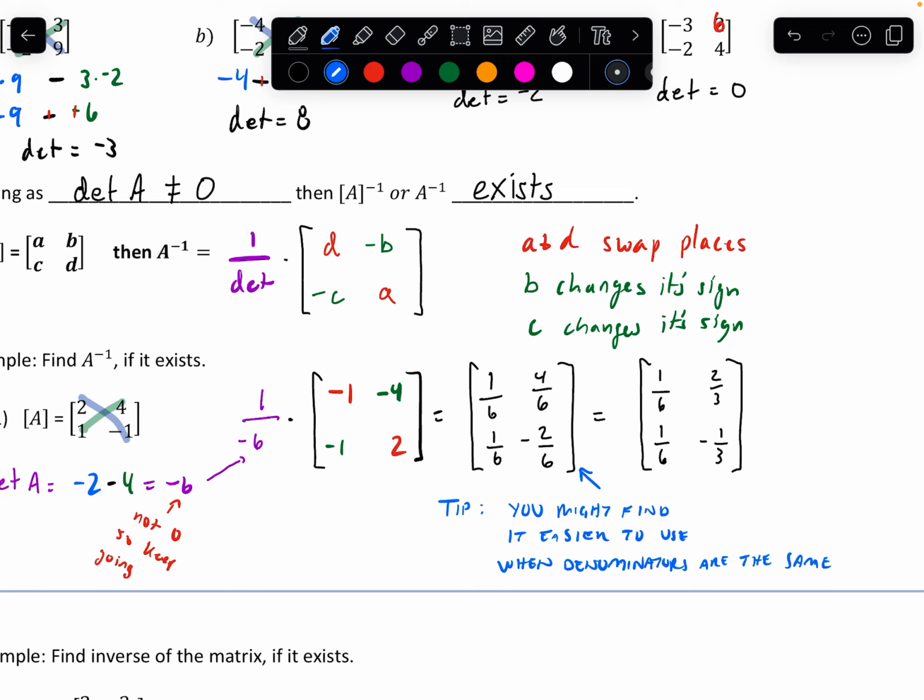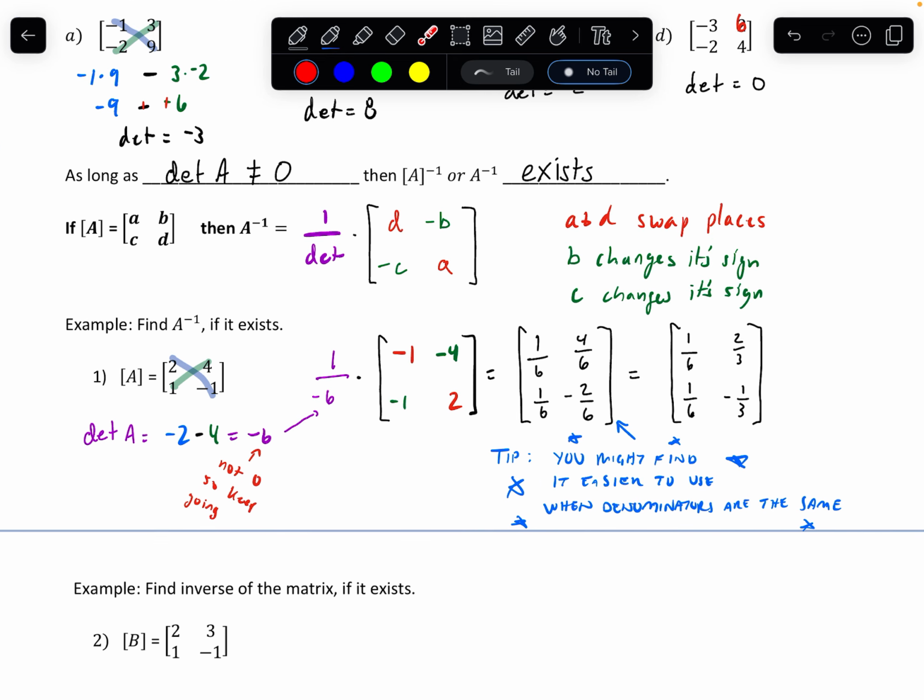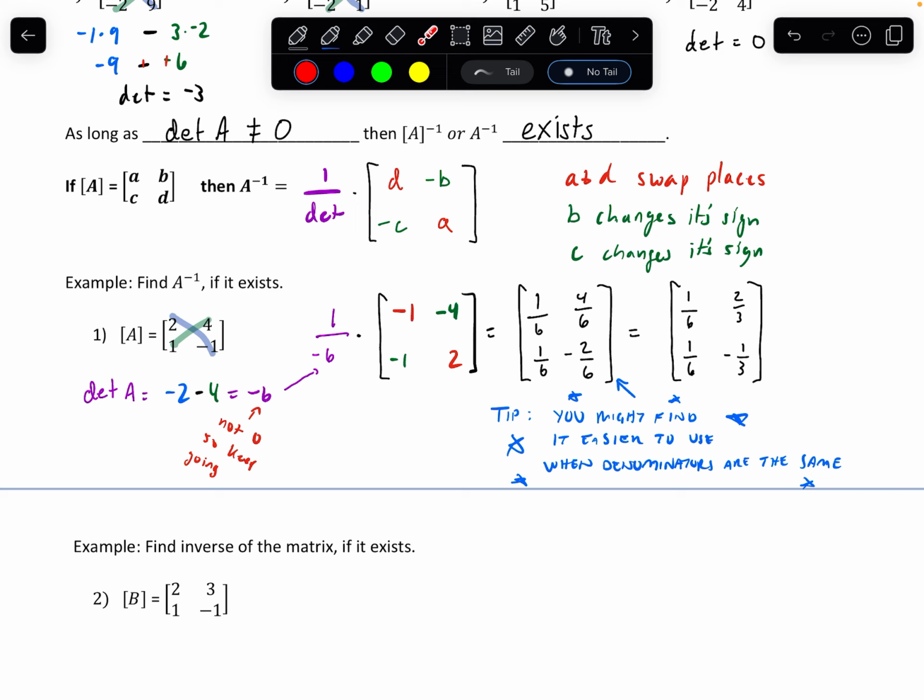So if you're just calculating the inverse, you don't need to worry about this. It's when you go to use the inverse to actually solve the system. It might actually be easier to use it when the denominators are the same, just because of some fraction addition stuff you're going to have to do. So it's easier to add fractions when the denominators are the same versus when they're different. So just something I would recommend, and I'll show you that when it comes time.